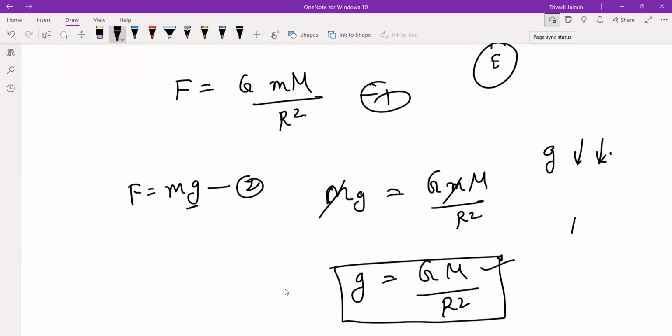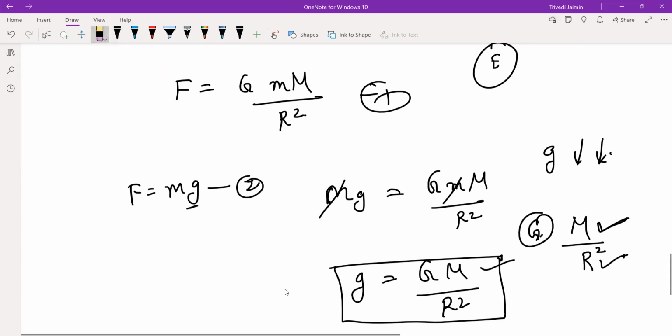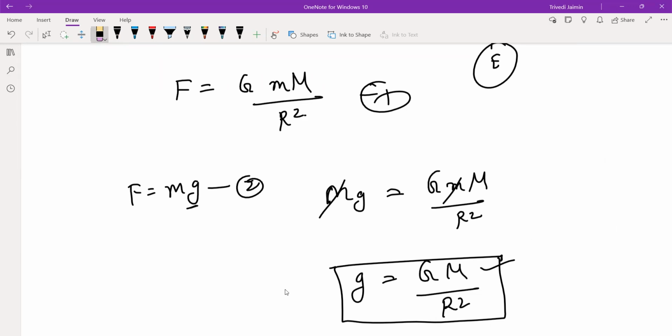It depends just on the mass of Earth as well as radius, because capital G is constant. So it is just depending on the mass of Earth and the radius, or rather the distance between them, meaning the object and Earth. Is that clear? Yes, sir. Okay. So we got the relation as g equals G M by R square.